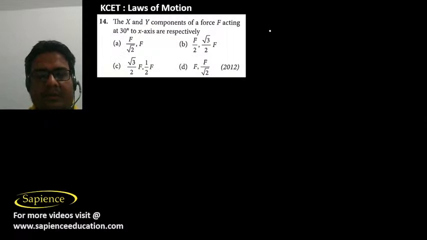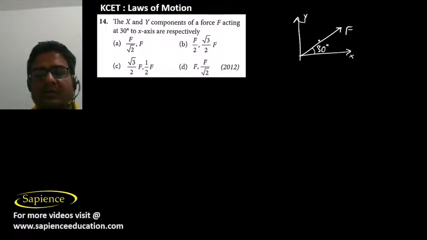And here, the x and y components of a force acting at 30 degree to the x-axis are asked. So the force is acting at an angle of 30 degree to the x-axis. It means it is at an angle of 60 degree with the y-axis.